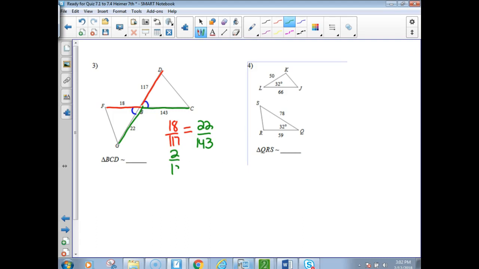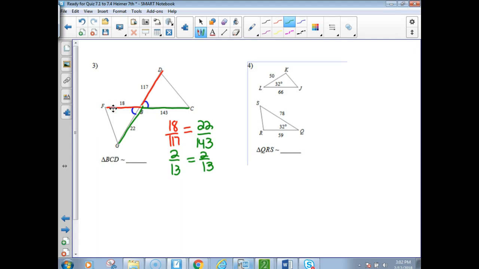And then check on your calculator to see if 22 over 143 also gives you 2/13. And it does, right? All right, so since those are equal, that's the scale factor, 2 to 13.